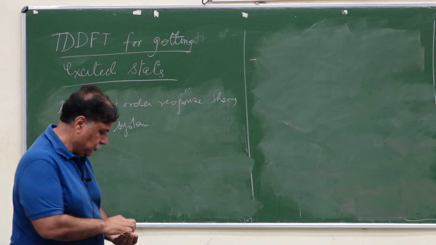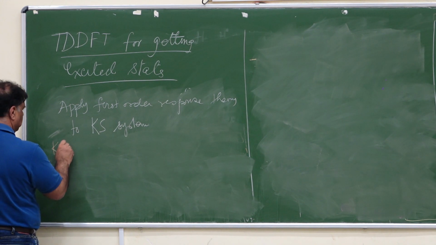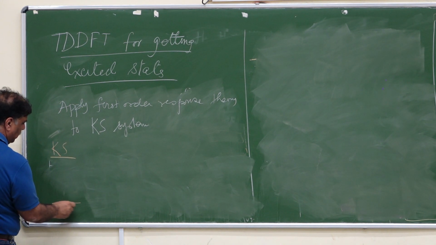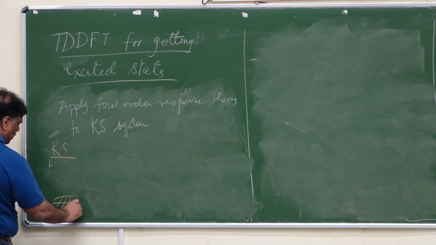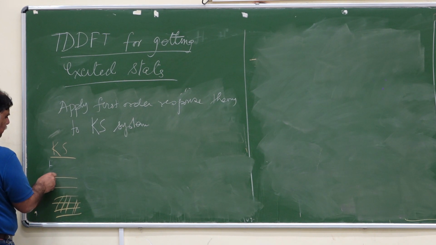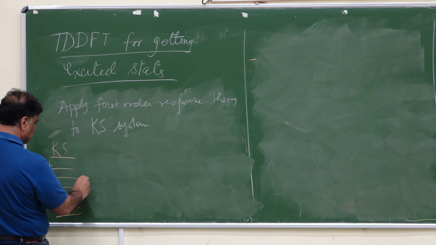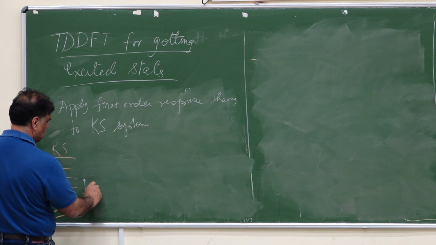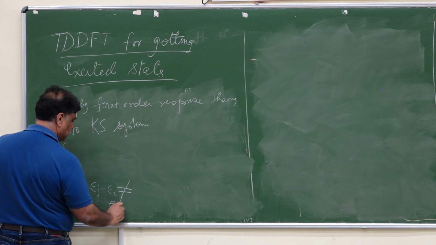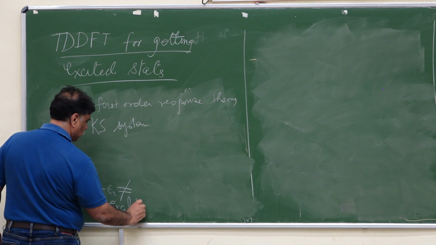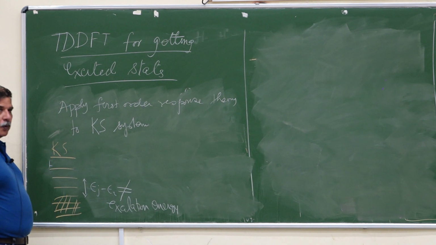I just want to remind you, when you do Kohn-Sham, you have these occupied orbitals, right? And then you can also calculate the vacant orbitals. Then any of this epsilon j minus epsilon i is not equal to excitation energy. Why?